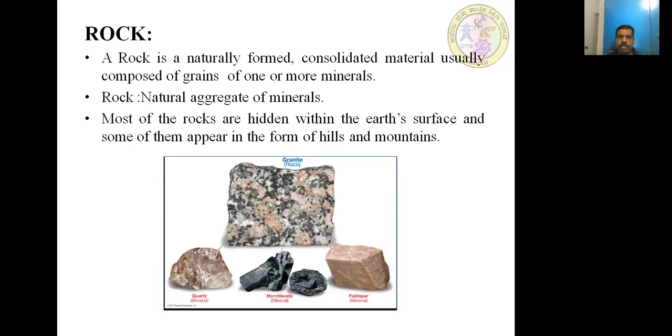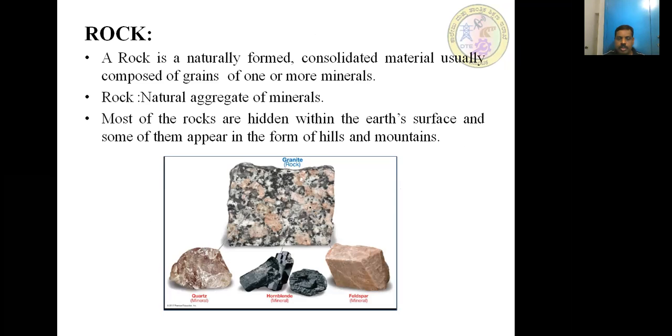So coming to rock. Rock is a naturally formed, consolidated material usually composed of grains of one or more minerals. Or, in other words, we can say rock is a natural aggregate of minerals.